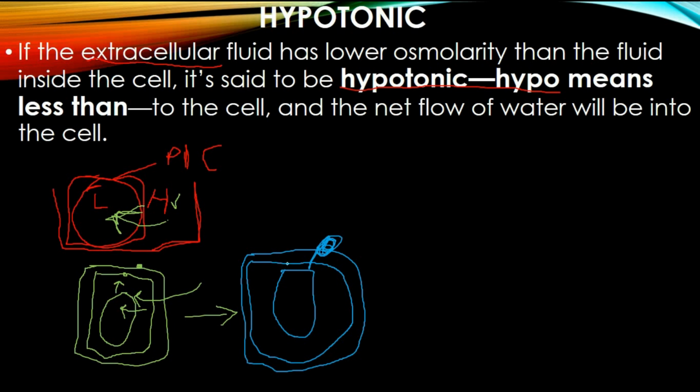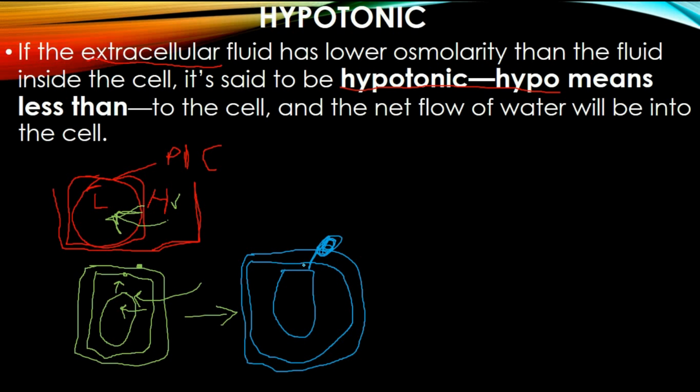Remember, the membrane is very, very weak. As you keep putting in more water, it's like a balloon. It can explode or burst. But in this case, it's not going to burst so easily because the cell wall is there to protect it.